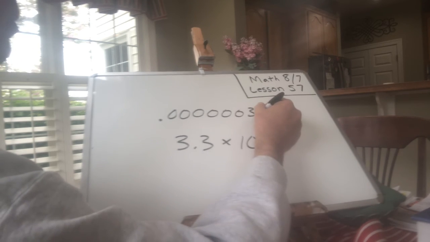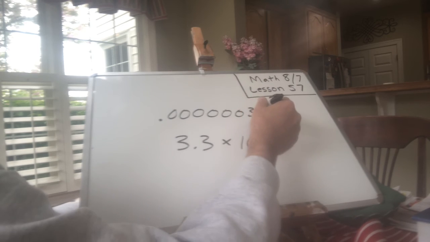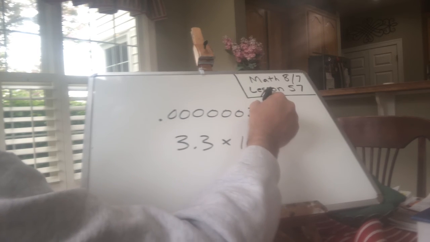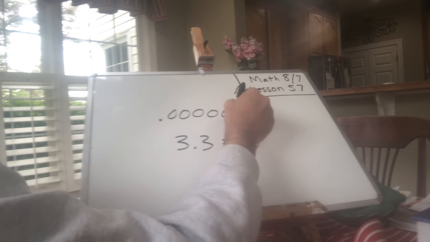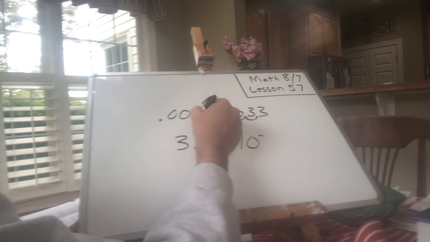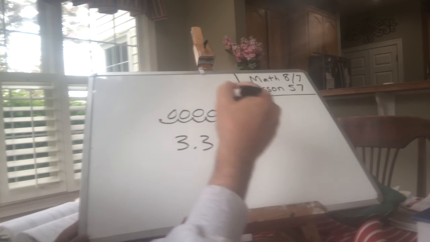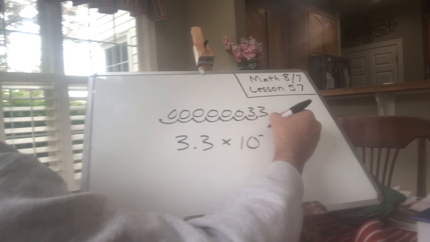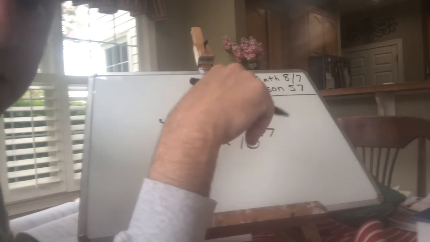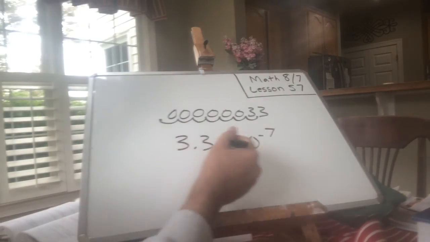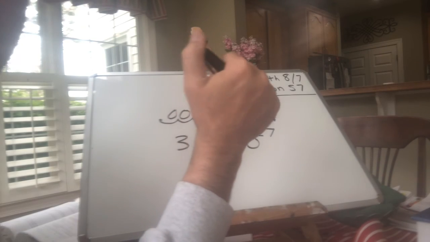But here's my decimal point, because it's the first non-zero number, and I'm going to see how many times I move it to get to the standard number. 1, 2, 3, 4, 5, 6, 7. So that number in scientific notation is 3.3 times 10 to the negative 7.